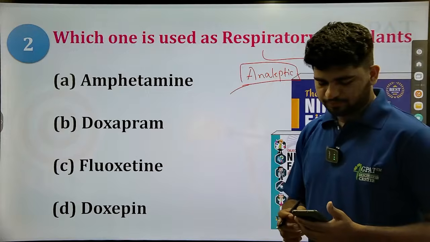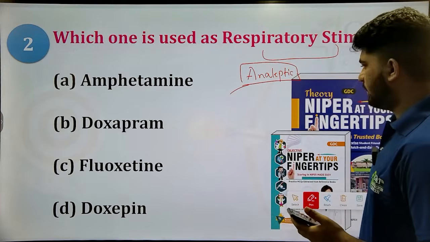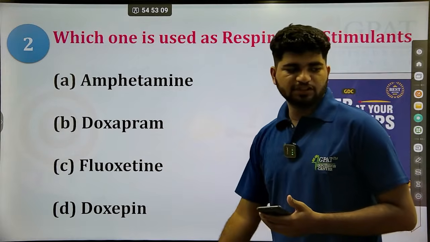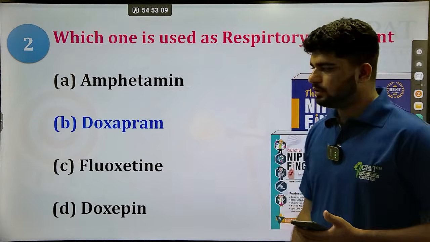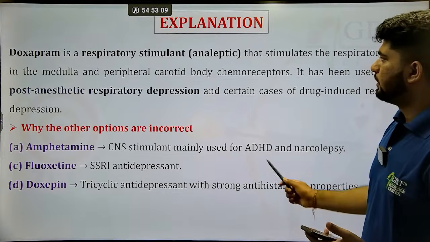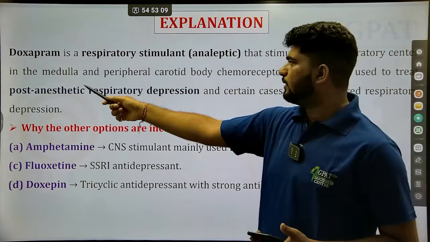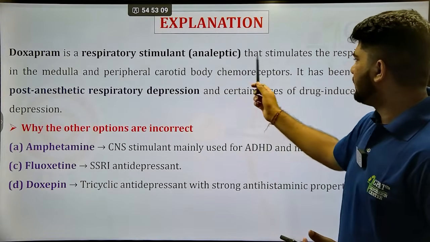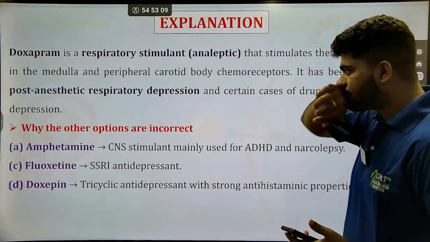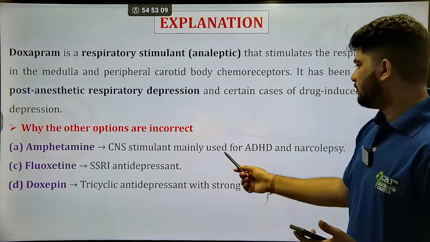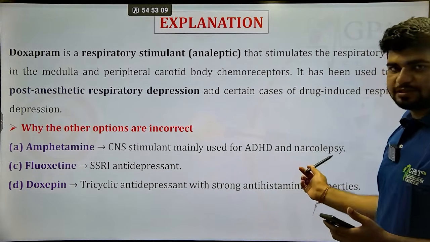That is nothing but your doxapram, which is considered a respiratory stimulant, an analeptic that stimulates the respiratory center in the medulla and peripheral carotid body chemoreceptors. Amphetamine is also a CNS stimulant used mainly for ADHD as well as narcolepsy.